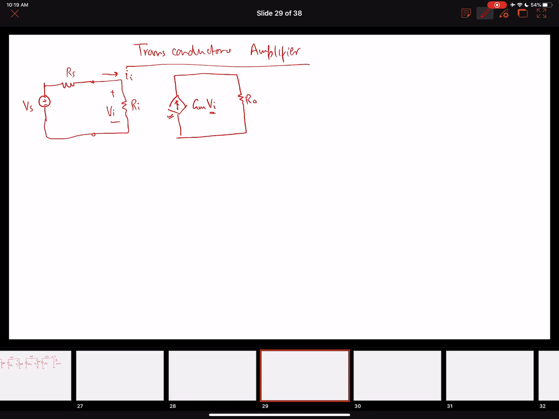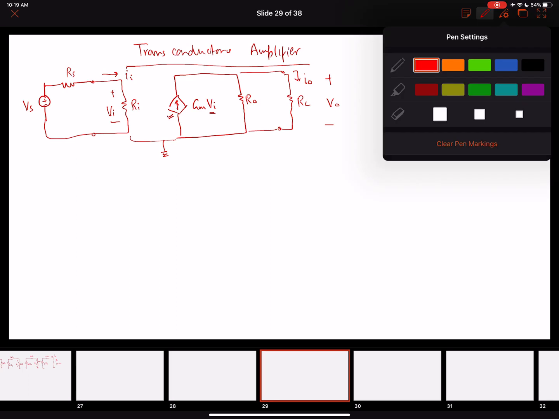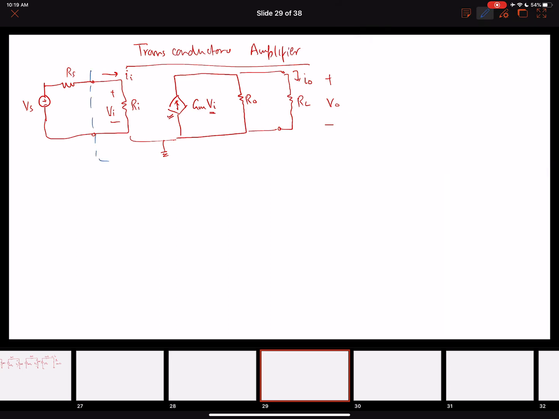And this is our output impedance of the amplifier, and this output impedance is connected to the load resistance RL. The potential drop across it will be Vo and the current will be I naught. So this is how our transconductance amplifier looks like.